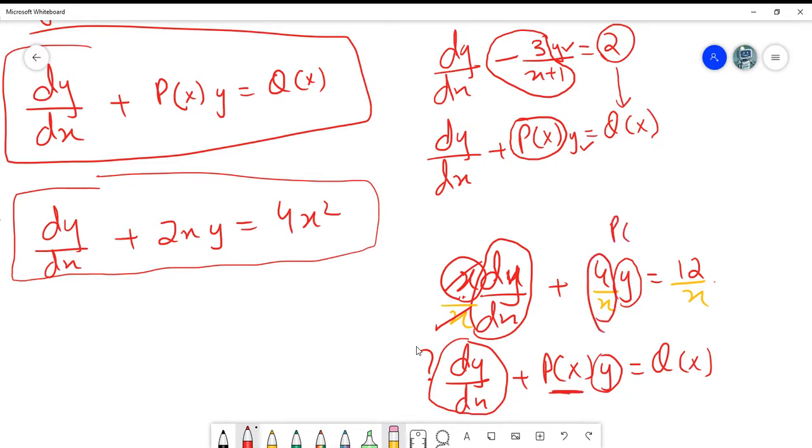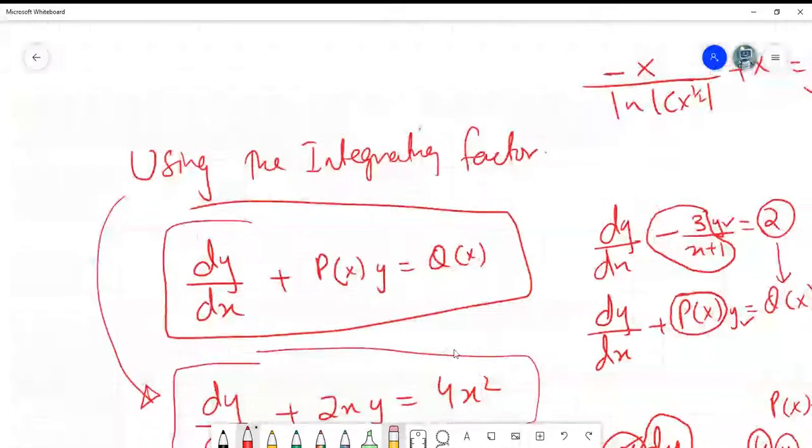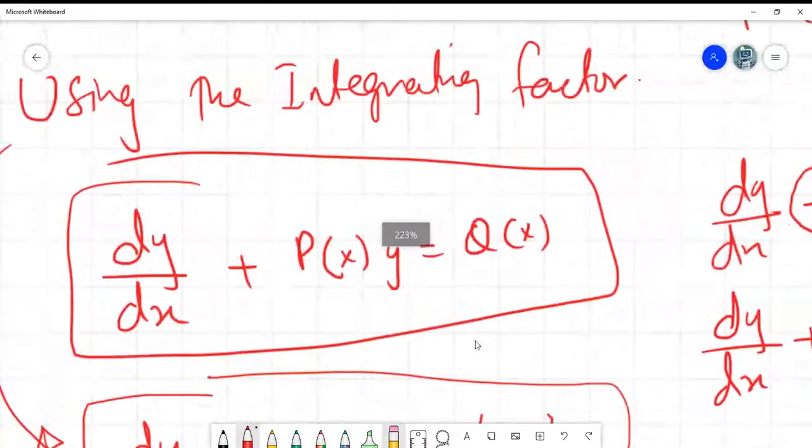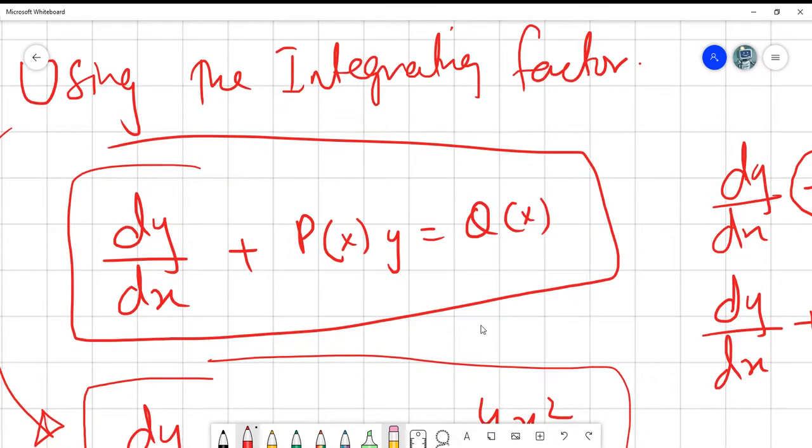So p of x here is 4 over x, and q of x is 12 over x. So as long as your equation follows this form, you can use the integrating factor. And remember, p of x and q of x can be simple numbers as well.